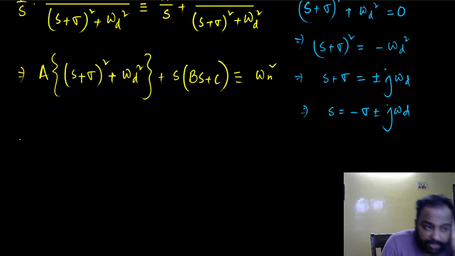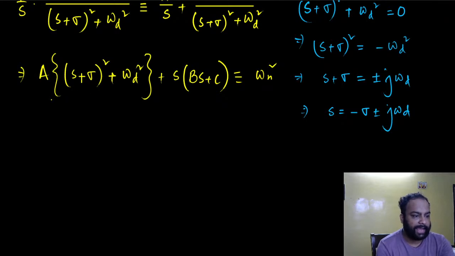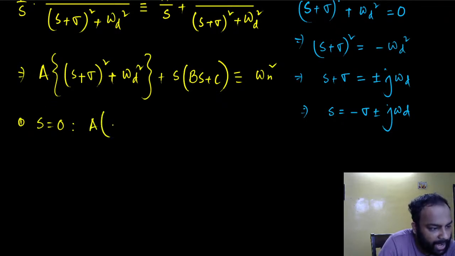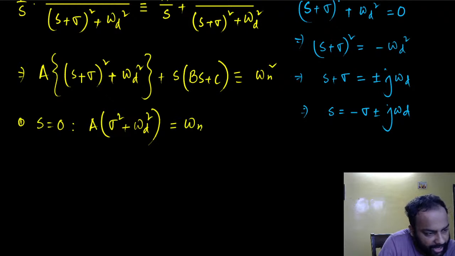Let's use the techniques to figure out the values for A, B and C. Let's put s equal to 0. Once again, this is an identity, so I can put any value of s and the identity would still hold. If I put s equal to 0, then I have A multiplied by sigma squared plus omega_d squared, and the other term becomes 0, and that equals omega_n squared.